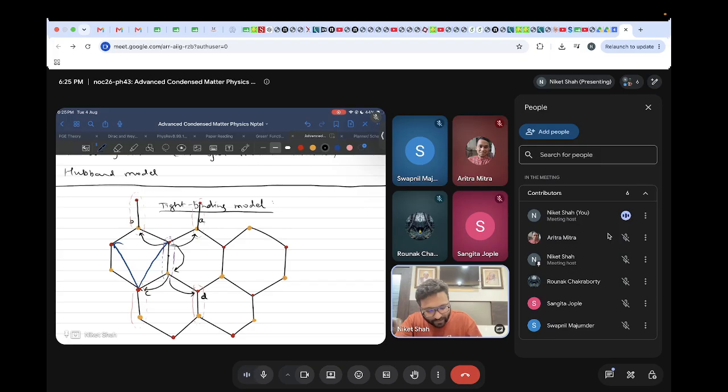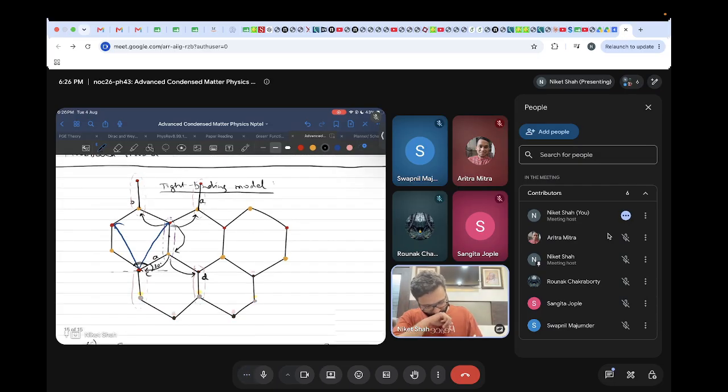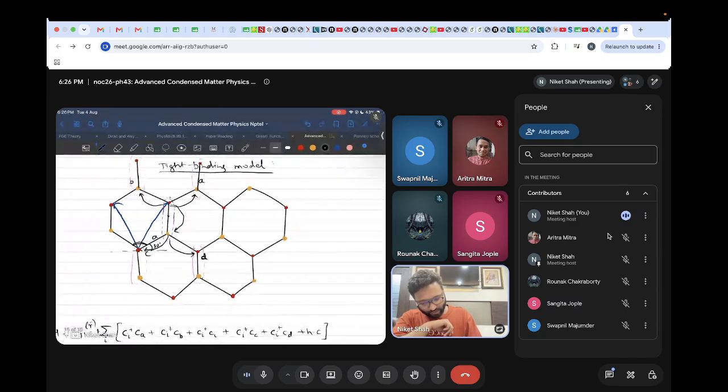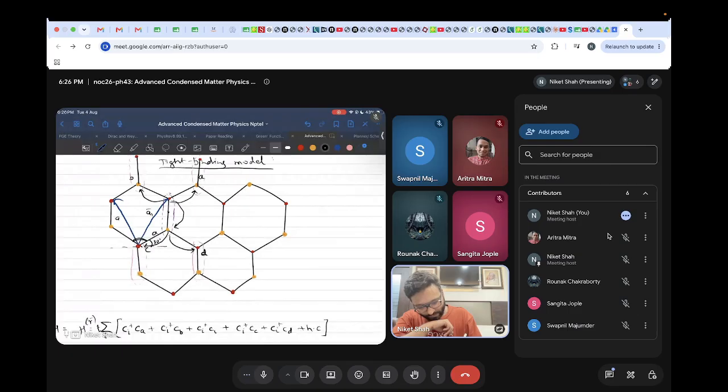Let's say the distance between the nearest neighbor carbon atoms in graphene is A. This is 120 degrees, the interior angle is 120 degrees. So how much is this? This is going to be 30 degrees. 120, 30, 30 gives me 180. I'm just writing down the coordinates for, let's say, A1 and A2.